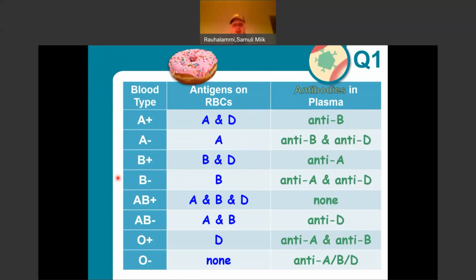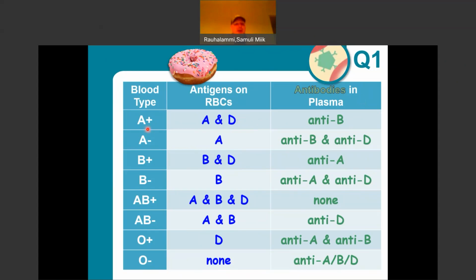I'm giving you your blood type. You have to then tell me what kind of antigens you have on the surface of your red blood cells. So what kind of sprinkles do you have on your donuts? And then finally, we will look at what antibodies are carried in your plasma. So what are you screening against all the time and worrying that if you find it, that must be an invader? So let's have a look at that together.